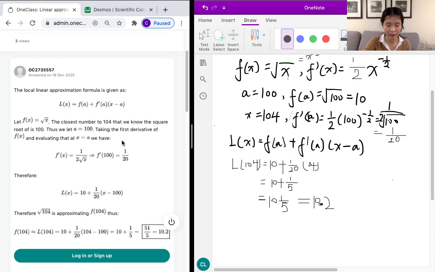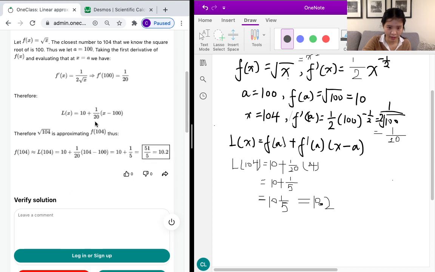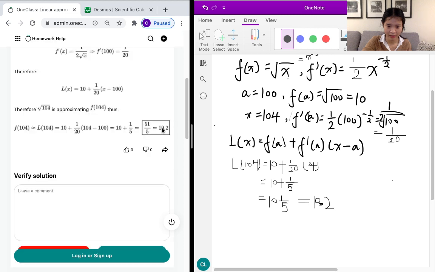So yeah, they also find the first derivative of the function f of x, which is 1/20, which is correct. And yes, they plug in the formula correctly, and they also have the same decimal and the same fraction that we did, and we have the same result.